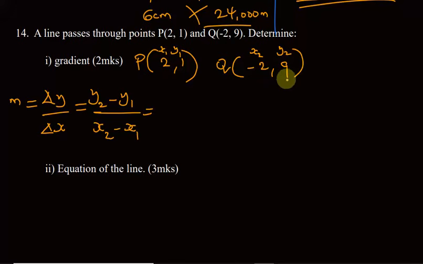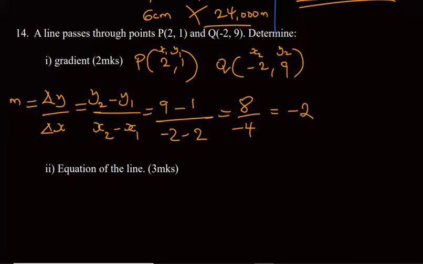Therefore, y2 is 9, so 9 minus y1 which is 1, then divide by x2 which is negative 2, then we minus x1 which is 2. This will be 9 minus 1 is 8, divided by negative 2 minus 2 is negative 4. When you divide 8 by negative 4, you just get negative 2. So that is our gradient.